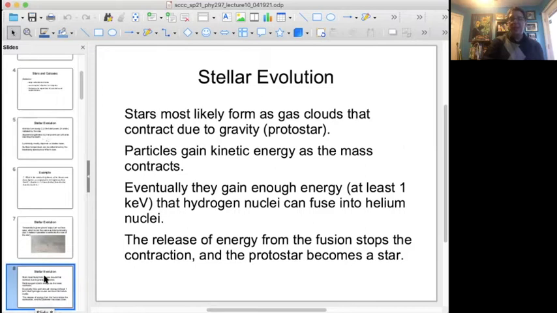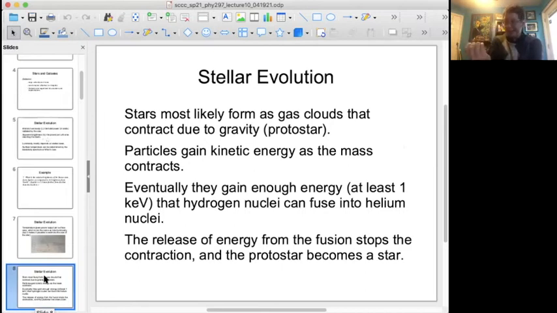Stars most likely form as gas clouds called protostars. You have these clouds of gas, mostly hydrogen, and gravity causes them to contract. They're dense enough that contraction happens. They start to squeeze in. And as the mass contracts, the particles gain kinetic energy. If they contract enough, they'll gain enough kinetic energy so that fusion can happen.